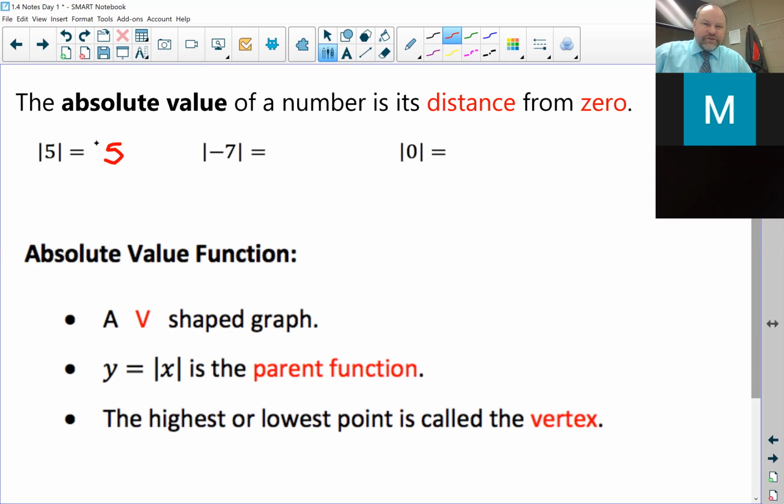Feel free to unmute and just shout it out. Excellent. Those that are using chat, absolute value of negative 7 is 7. Absolute value of 0, well, 0 is 0 units from 0 on the number line. So the absolute value of 0 is 0.